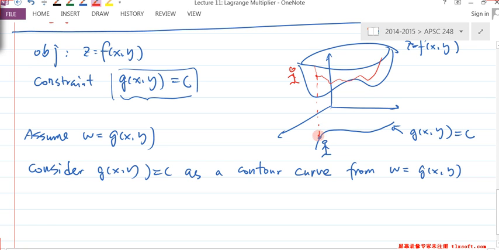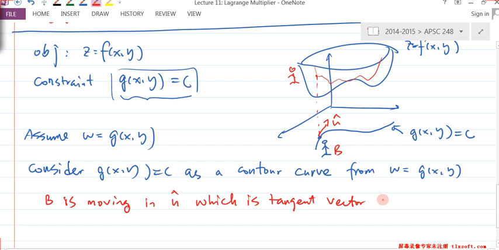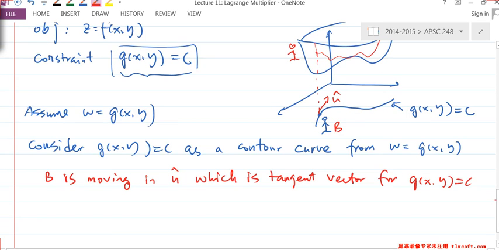Tangent vector, exactly. So I can use this tangent vector to represent the direction of moving. So this B is moving in the u hat direction, which is the tangent vector for this curve. We can get that once we have the curve. This is the direction of changing, u hat, a tangent vector.